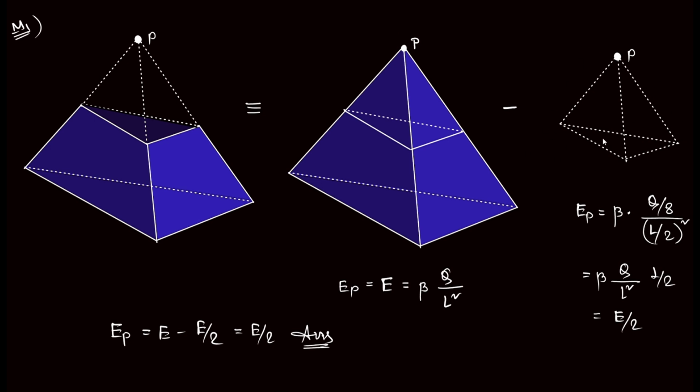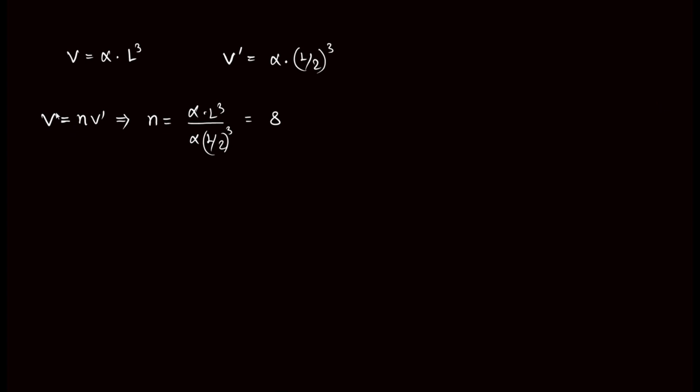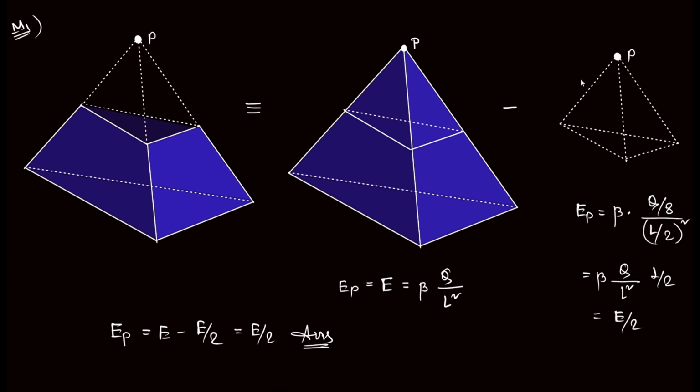So let's see, I assume that the volume of the bigger one is n times the volume of the smaller one. Now what I did is I divided them, v upon v dash, and that is the value of n, and calculating it I get it to be 8. That means there are 8 such small tetrahedrons which will make this bigger tetrahedron.